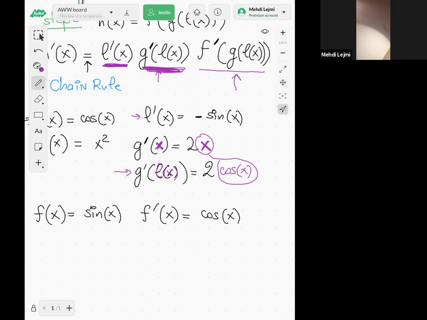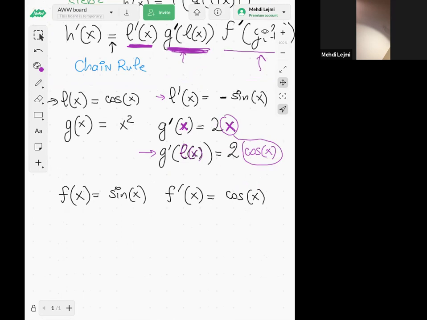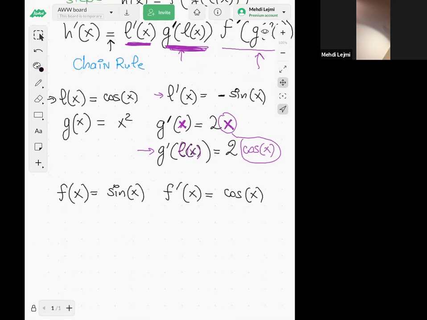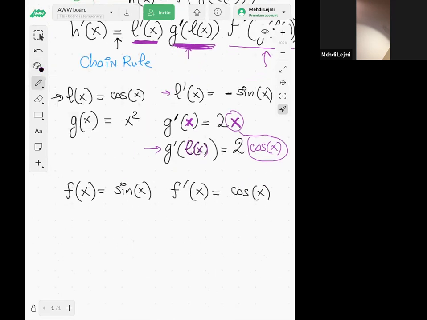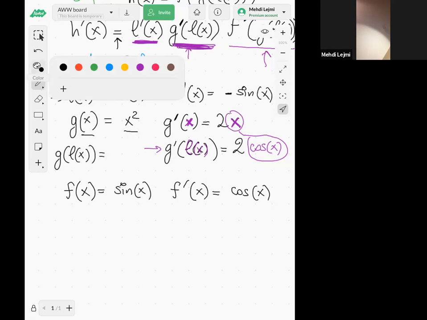But what's g of L of x? Well, you see here, guys, g of x is equal to x squared, right? But then for g of L of x, you substitute this x here with L of x.